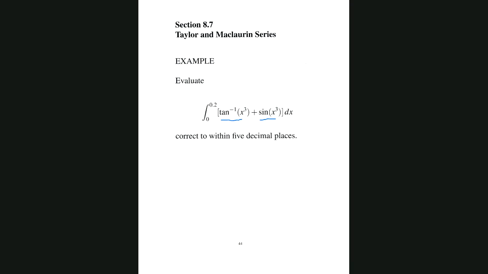And of course, we cannot get the antiderivative of this function. So therefore, we will utilize Maclaurin's series. We'll find Maclaurin's series for the arctangent of x cubed and the sine of x cubed. Okay, that's what we have to do first.